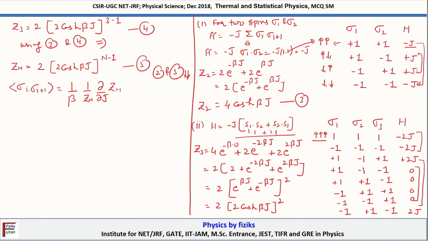Now we will substitute the value of Zn here. So this is further equal to 1 by beta, and what is Zn? It's given in equation 5.